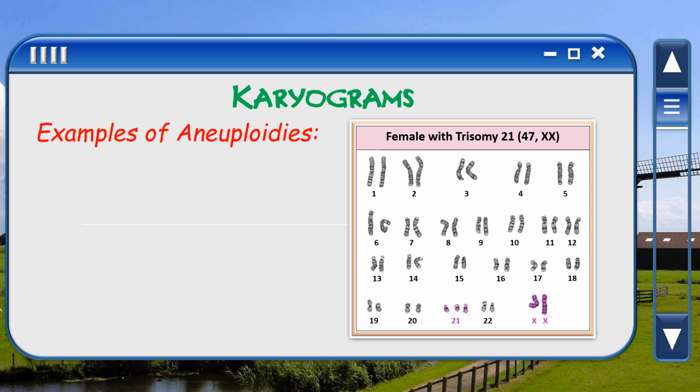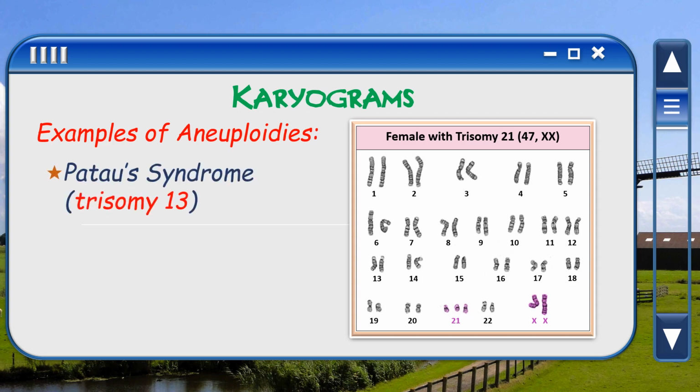Examples of aneuploidy. We have Patau syndrome, a trisomy that occurs on chromosome 13. If we have 3 chromosomes here, on chromosome number 13, that would be Patau syndrome.